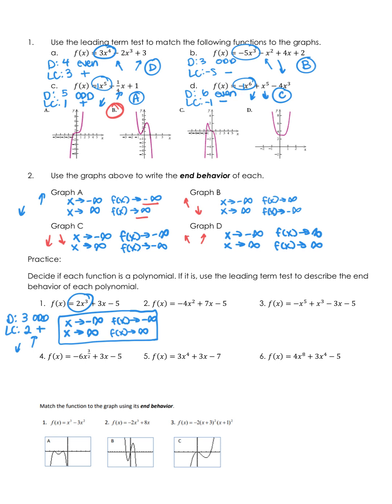Is this a polynomial? What bad things are you looking for if it's not going to be a polynomial? Yep, if the power is a fraction or if you have x's in the denominator, right? So if you have one of those 2 things, it's not a polynomial and you just stop. You can't describe the end behavior then. Okay? All right, I want you to finish the rest of these questions on your own.